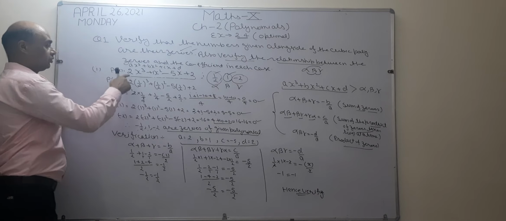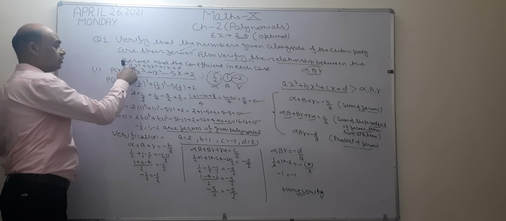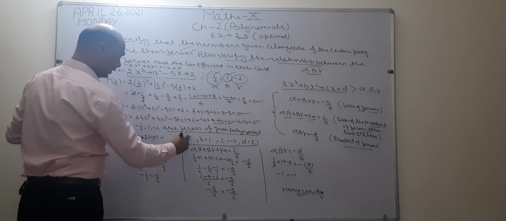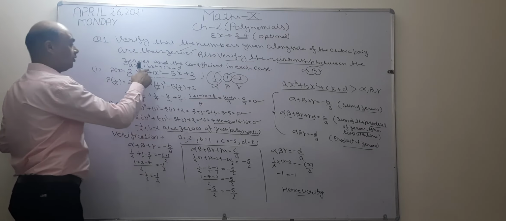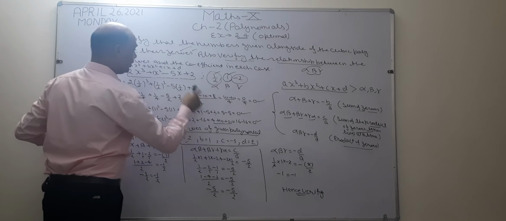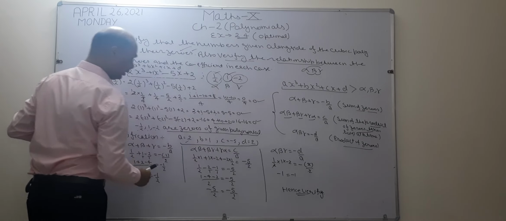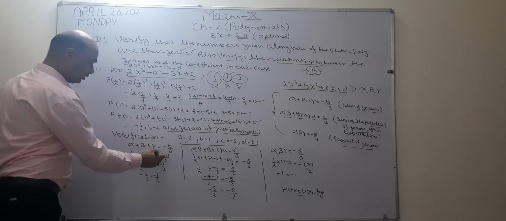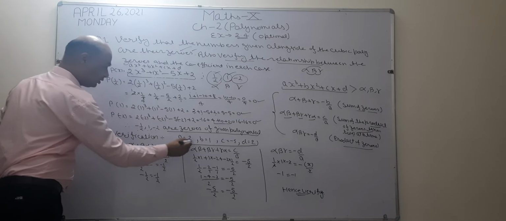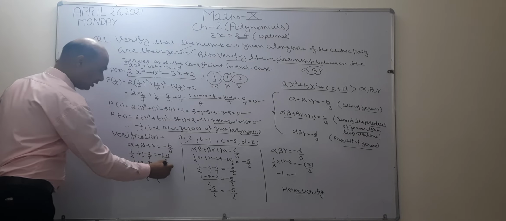Now see here, the coefficient of x cube is a, so a becomes 2. I write here a becomes 2. Where is it written? This one. The value of b is 1, the value of c is minus 5, and d is 2. Clear? Now minus as it is, the value of b is 1, the value of a is 2, so this becomes minus 1 by 2. Right hand side is solved.